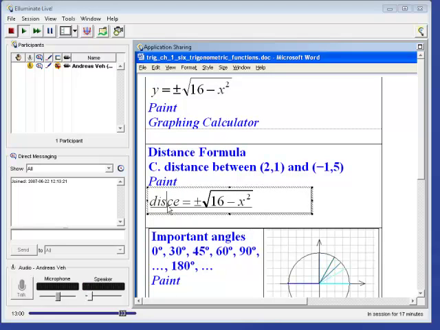Oops. Don't do this. Distance. It puts the tangent in there automatically. Oh well. Distance equals the square root of the difference between the two, which was 3 squared plus 4 squared, which of course is square root of 25, which comes out to 5.